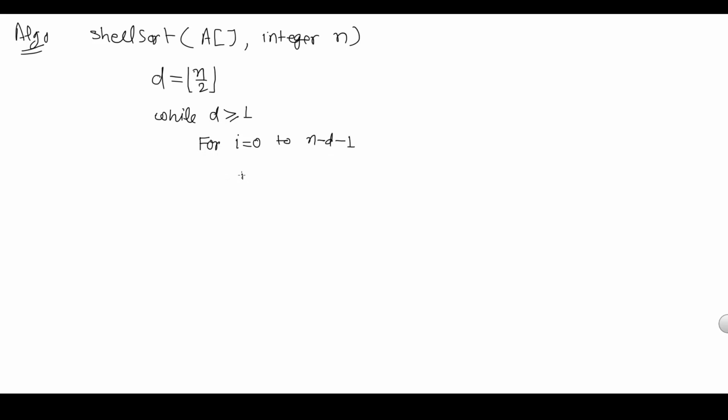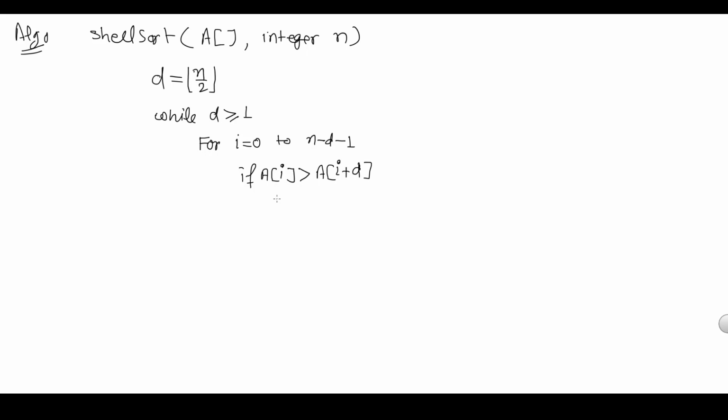0 to n minus d minus 1. Now if element a[i] is greater than element a[i plus d], that is d distance away, so we will add d here. If a[i] is greater than a[i plus d], then we have to swap these two values.